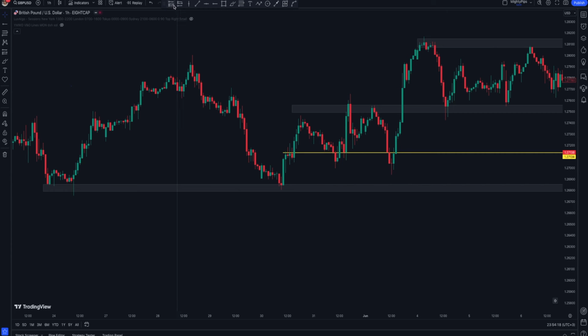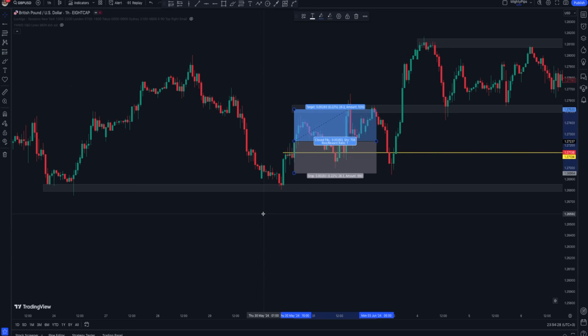So what many people do, including myself when I just started trading, is when they see this bullish candle continuing upwards, they jump in on a buy here, and then maybe they put their stop loss just below that area.